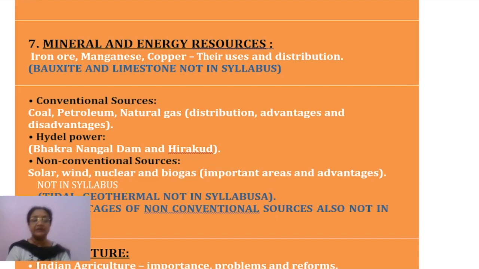Their areas and their advantages are in the syllabus. What is not there, note it down again, is tidal energy and geothermal energy. These two are not in the syllabus this time. And one more thing, the disadvantages of non-conventional sources are also not there.